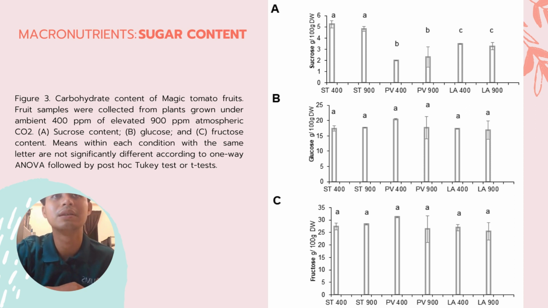For PV, Plovit tomato, the PV 900 has higher sucrose compared to PV 400. For LA tomato, the LA 400 has higher value of sucrose compared to LA 900. The value of sucrose is not stable for each tomato seed that has been compared.